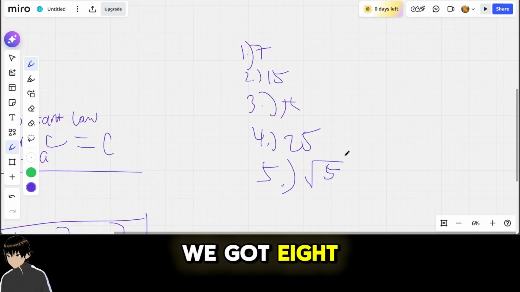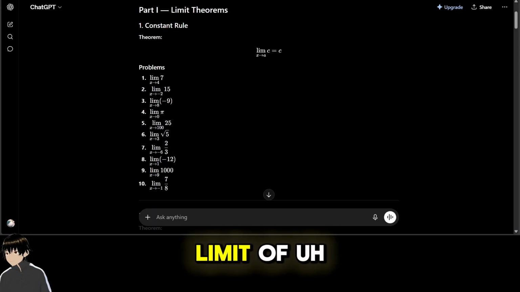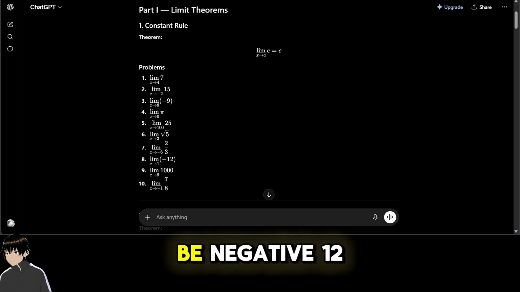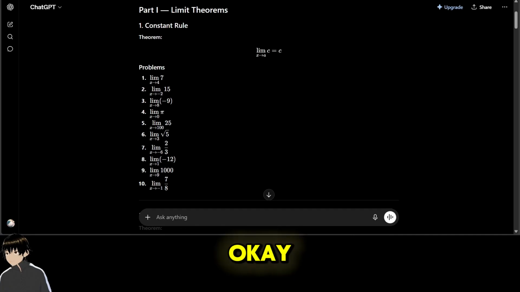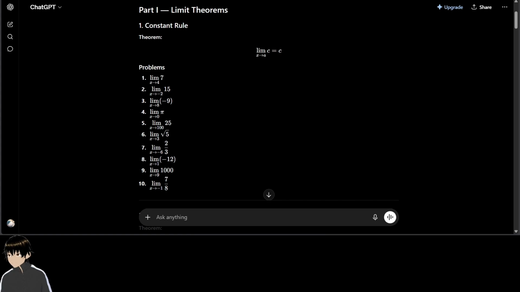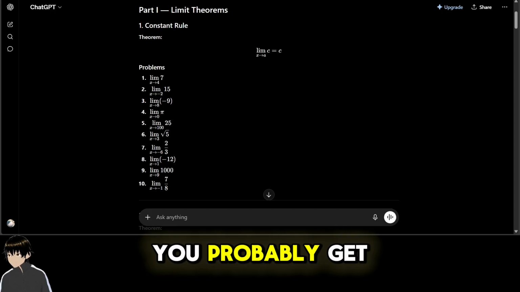We got 8. What is the limit of negative 12 as x approaches 1? Obviously it's going to be negative 12. Then 1000, then 7 over 8. You probably get the point already.